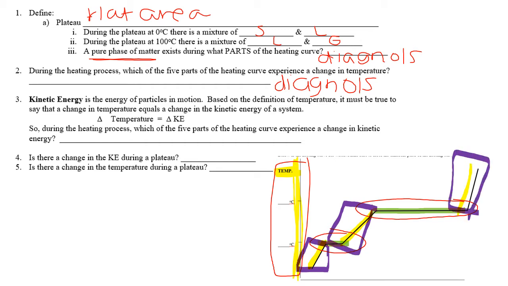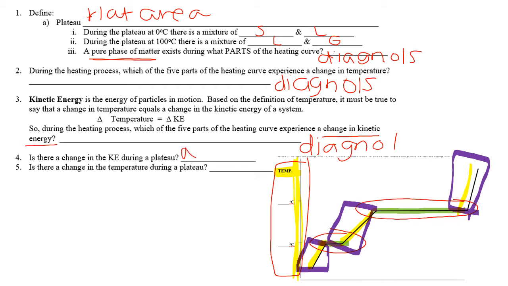And so if they're having a change in temperature, then the diagonals are also having a change in kinetic energy. That would make sense because you learned yesterday that temperature is a measure of the average kinetic energy of a substance. So if the temperature is going up, there's now more kinetic energy in that substance.